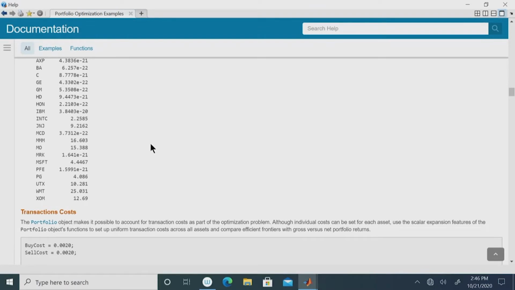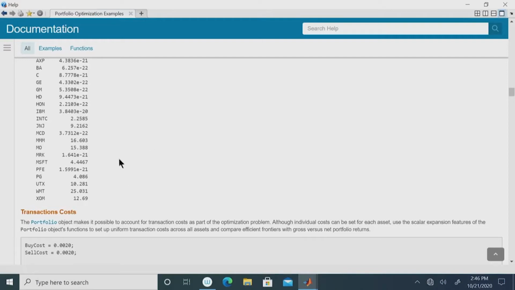Now, so far we have been looking at only the cases of a mean variance portfolio optimization by looking at these assets, without accounting for the practical reality of transaction costs and turnover.